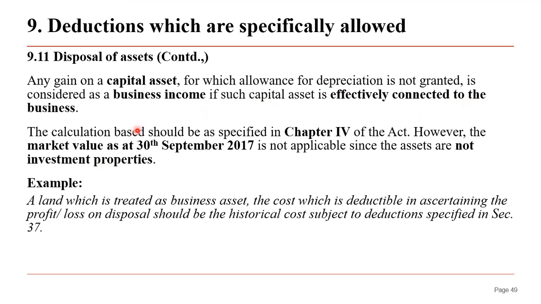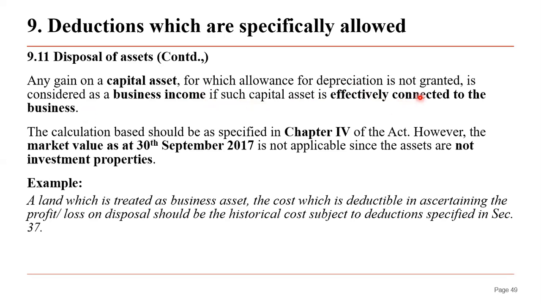Here they are saying that any gain on a capital asset, where the allowance for depreciation is not granted on such capital asset, is also considered as a business income if the asset is effectively connected to the business.